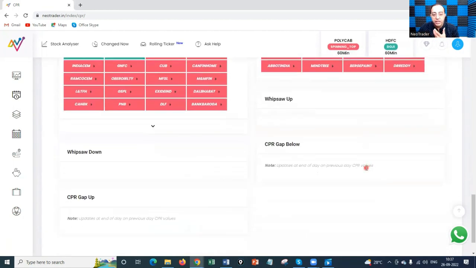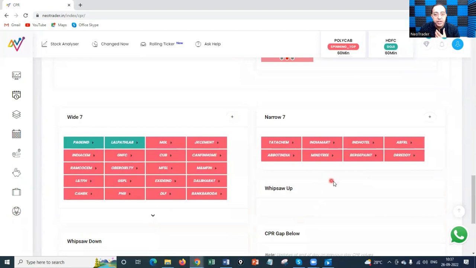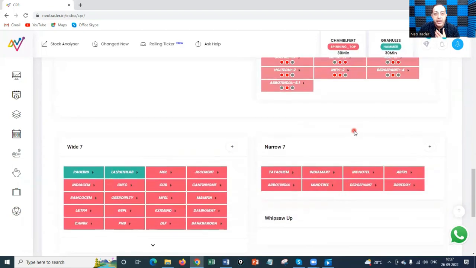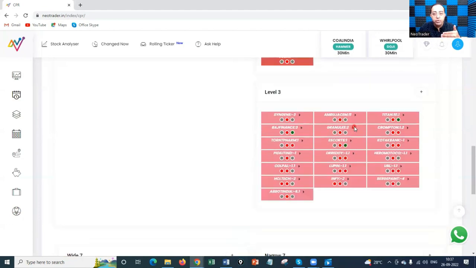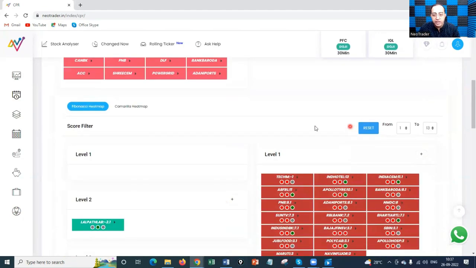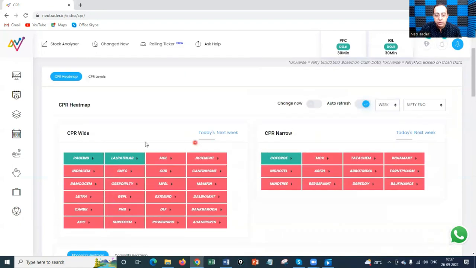So you can see here, there are not many whipsaws seen here right now. And this particular page is updated at the end of every week. So based on the weekly data, you get these flashes here, and you will continue to see its movement through the day and then through the week, right?